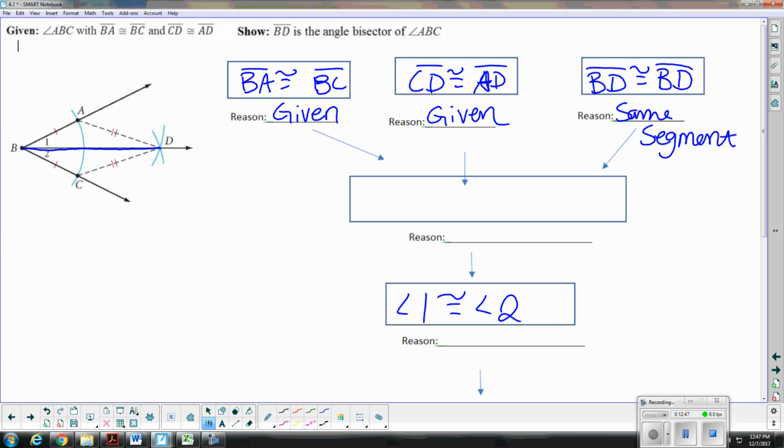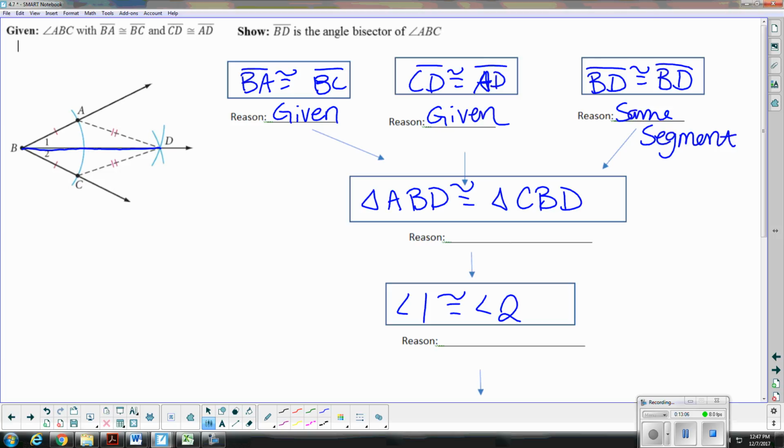Okay, so if we have all three of those pieces of information, then we can say triangle ABD is congruent to triangle CBD.